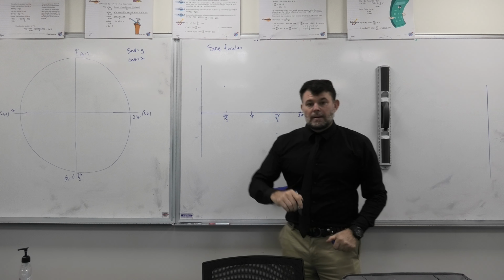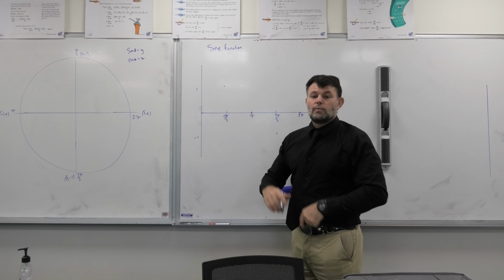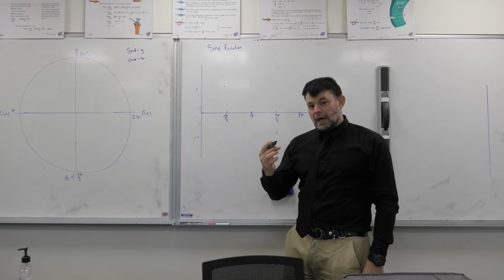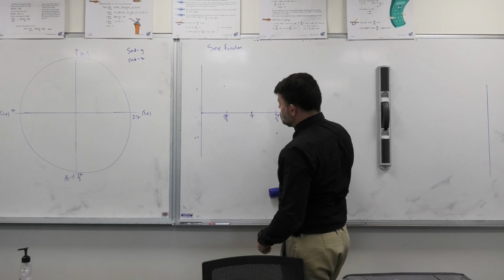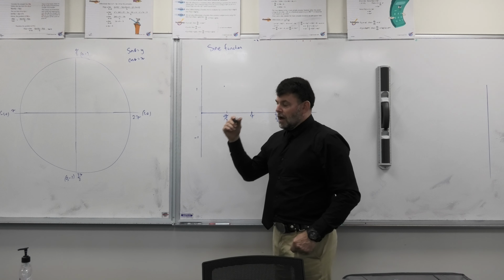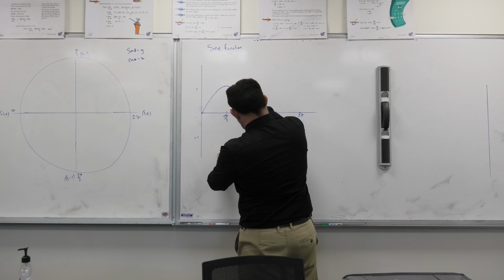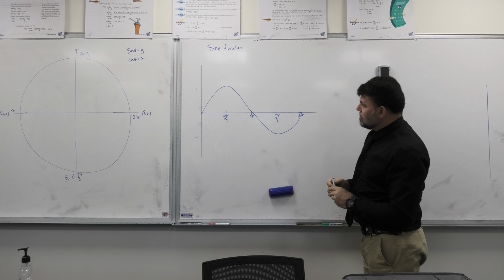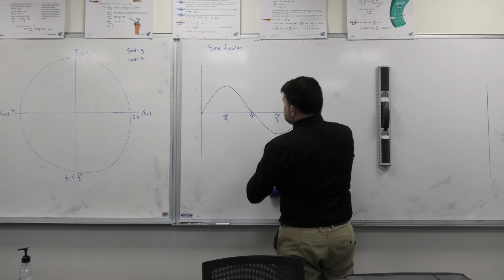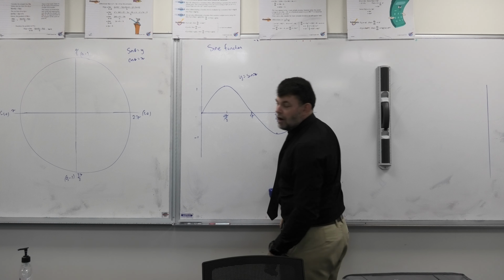So we've got some kind of periodic behavior happening. Periodic behavior is basically one full revolution of a graph. If we join the dots, we've got a graph that represents the sine function, so y is equal to sine x.